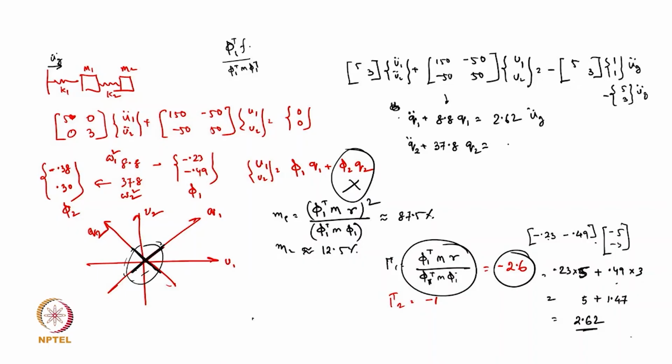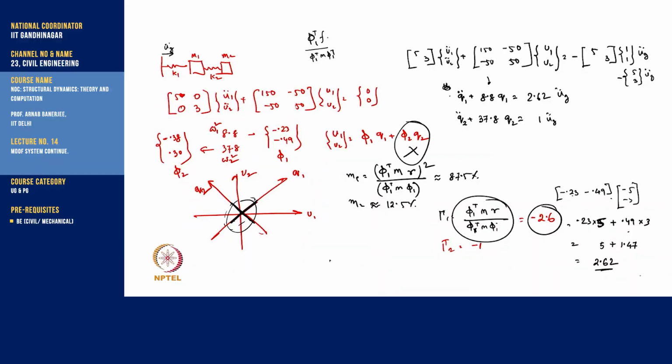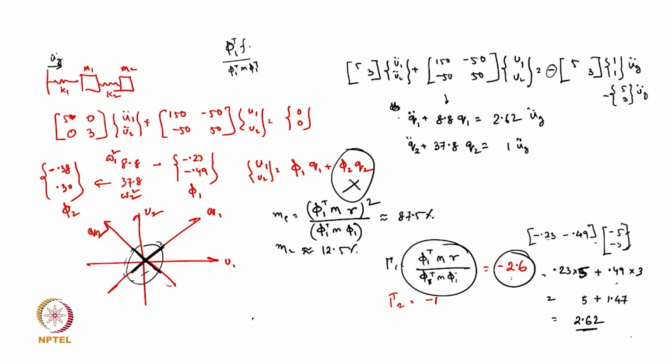That will be 1 into UG double dot, because you have to see here we have a minus sign and here we have a minus sign, so the two minuses get cancelled out, and therefore we are not having the minus. Otherwise your mass matrix will not be minus, no? Once I considered that minus sign, that's why this anomaly is happening. Otherwise there will be no minus sign. Okay, so we will have this one.